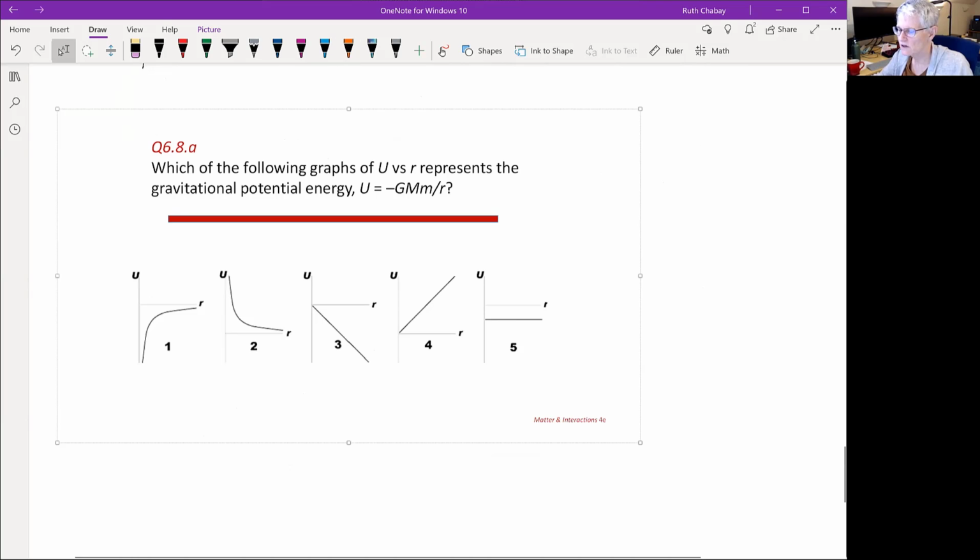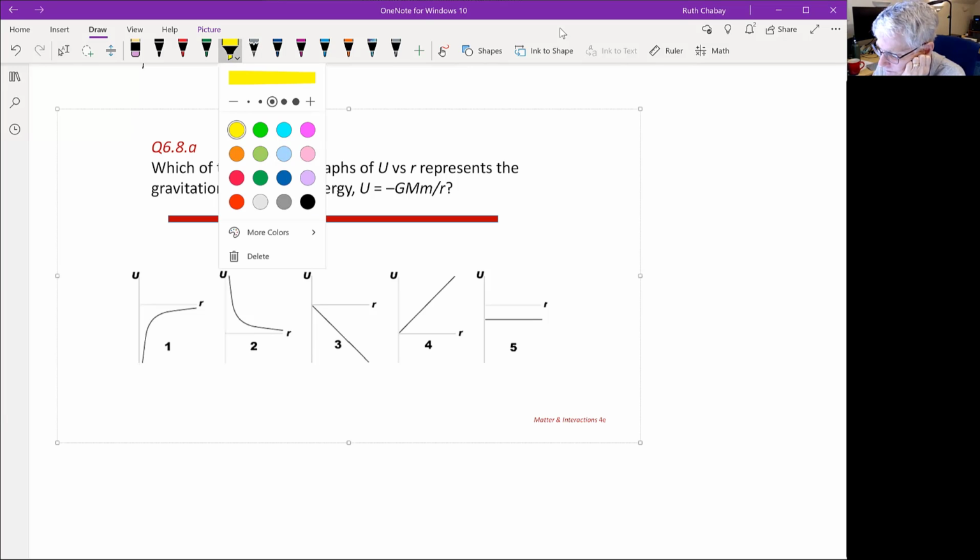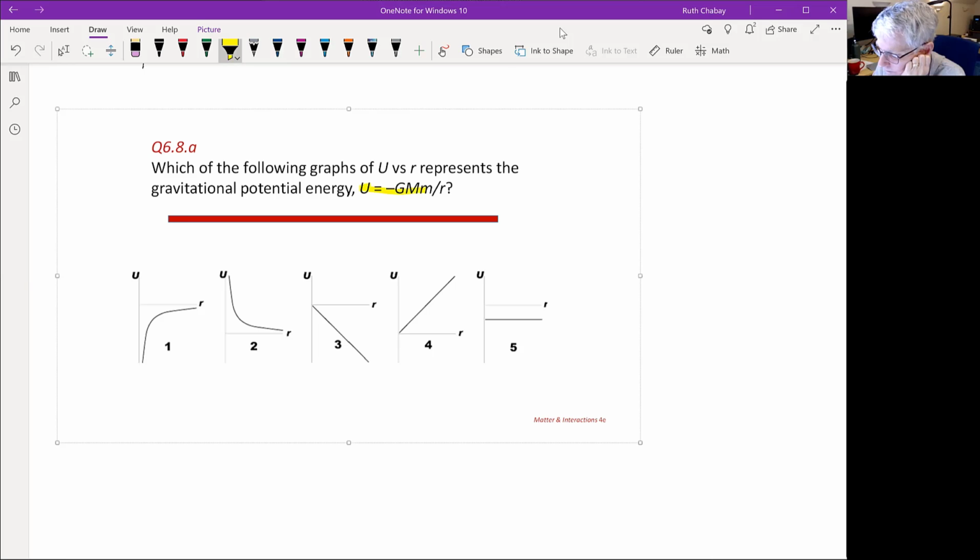So which of these things is actually a graph of gravitational potential energy of two interacting objects as a function of their separation? So here's the function. So it's this function. So which of these is a graph of that function?